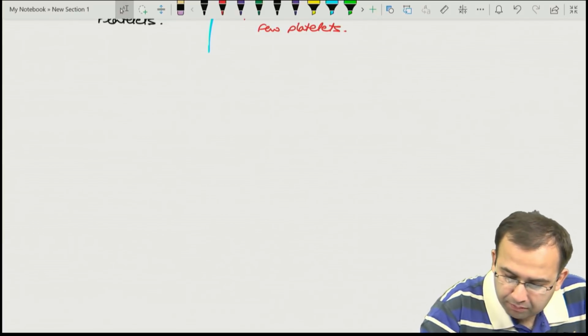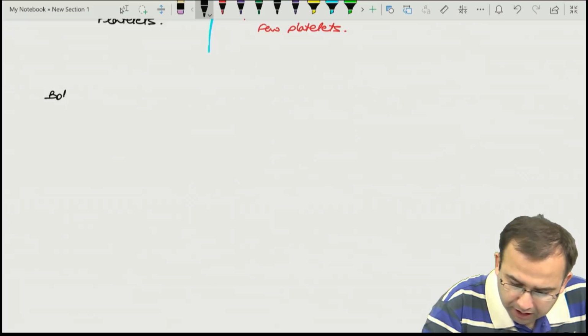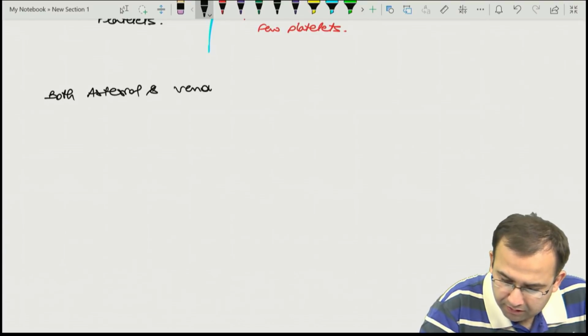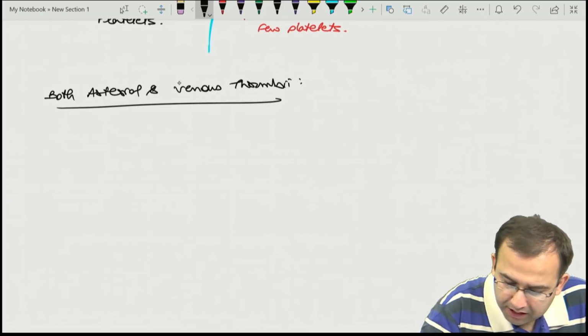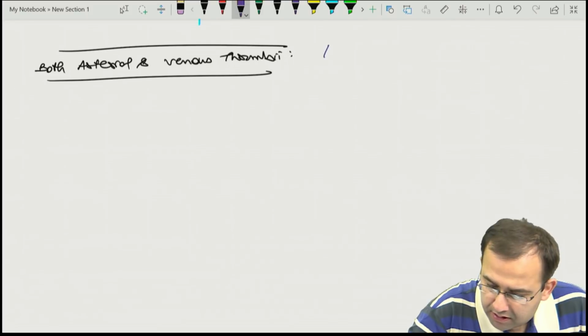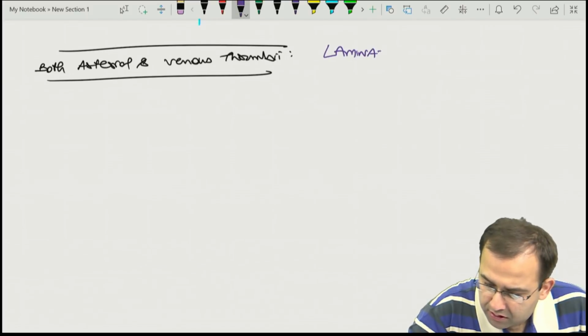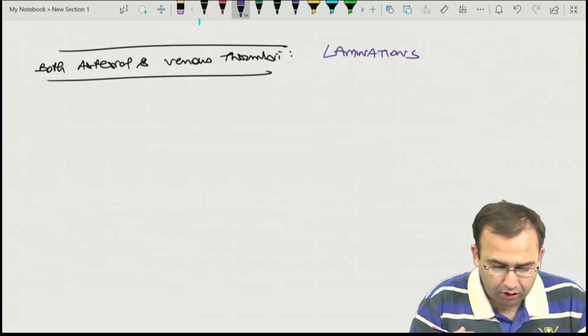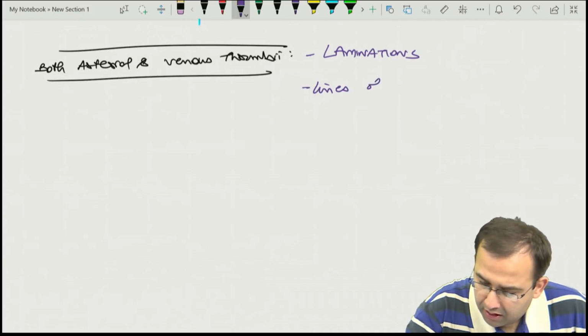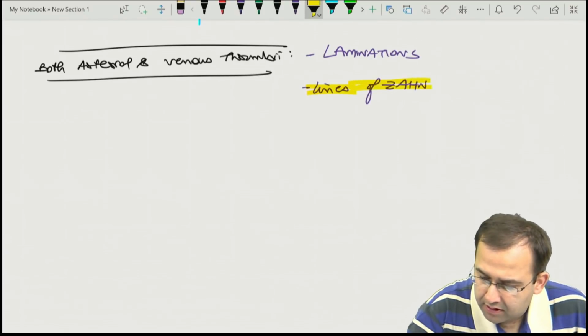First point, both arterial and venous thrombi have laminations, called lines of Zahn.